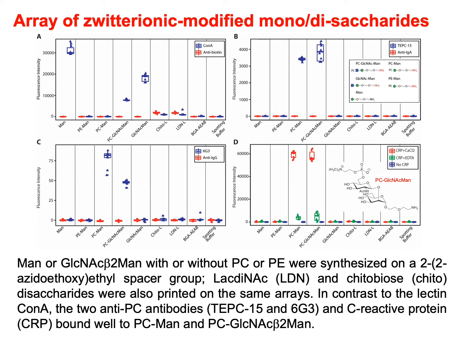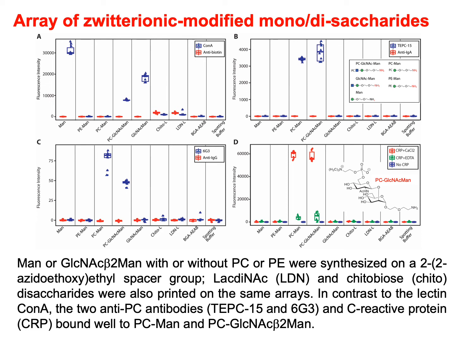Here, either mannose or the disaccharide GlcNAc-mannose, with or without PC or PE on a special linker. There were also comparisons with LacdiNAc and chitobiose, that means GalNAc or GlcNAc, as these are also components of nematode glycans, and a couple of other controls.